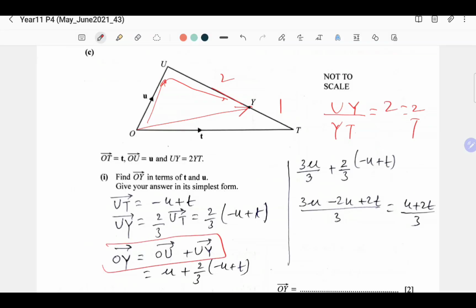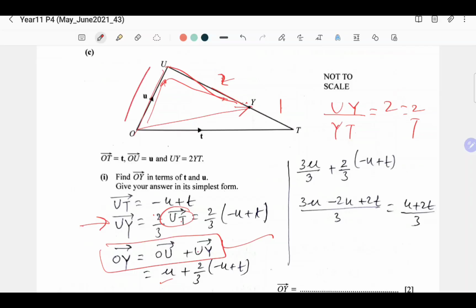OY is OU plus UY. Now OU we have, but UY we don't have. But UY we can get: UY is 2 over 3 of UT. But UT also we don't have.